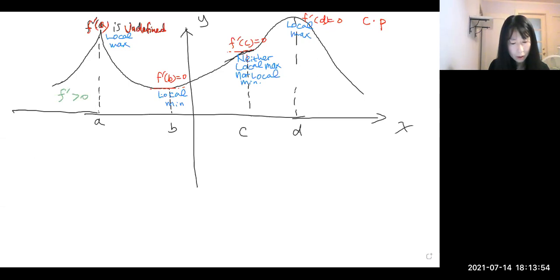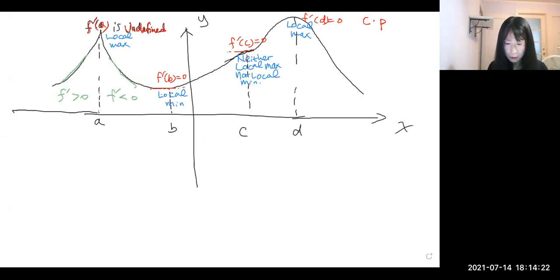I'm going to make a big one there. Positive slope, right? How about here? This part, f prime is less than 0, because the slope is like that. Then the red spot is flat, which is a horizontal line.